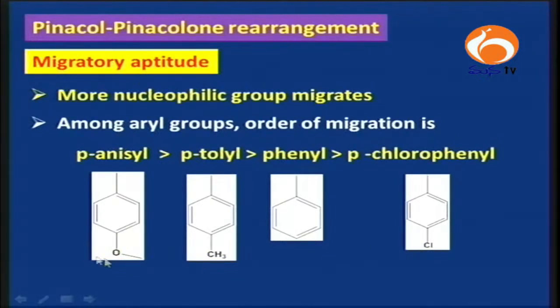This anisyl group contains the alkoxy group, and the alkoxy group we know is a very good plus R group; that is, it causes a very good resonance effect, and it can easily pump electrons when compared to the methyl group or the chloro group. And this chloro group is an electron withdrawing group. It will induce a minus R effect. Therefore, these groups will migrate at a faster rate when compared to the chlorophenyl group.